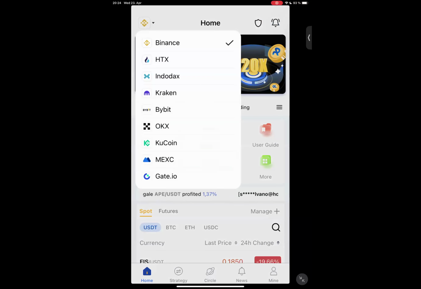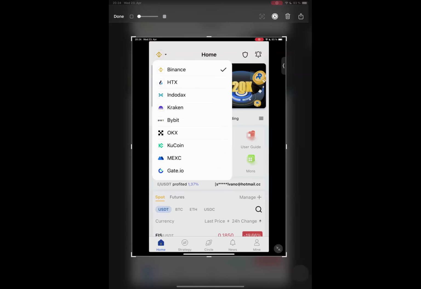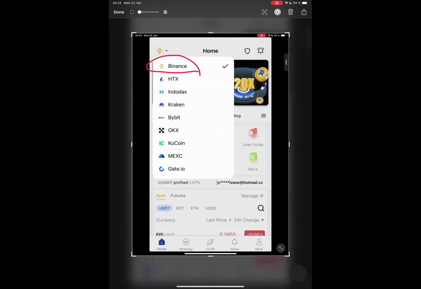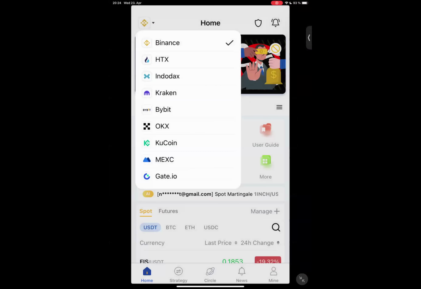And this is where you can see all your exchanges. Not everyone is trading on Binance. Depending on the exchange you are using, some people are using Kraken, others are using OKX, some are using MEXC. So whichever exchange you are using, you need to switch to it before you do whatever you need to do.